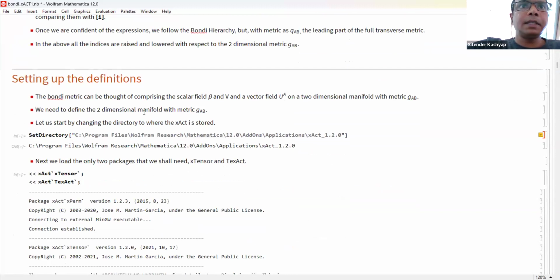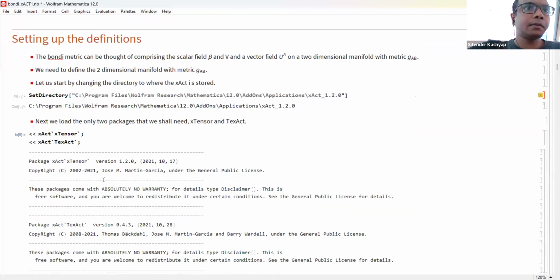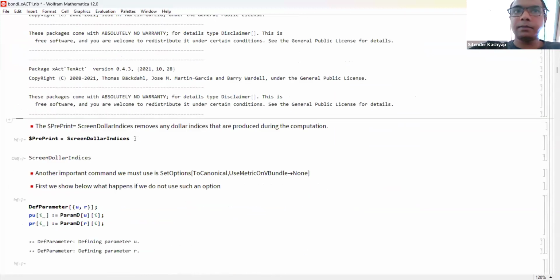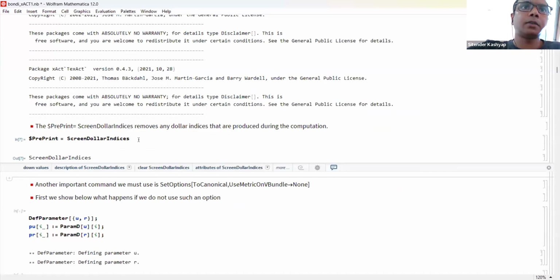So let's call the packages. Now there is this first command, PrePrint screen dollar indices. As we saw yesterday, this is to ensure that when Mathematica or xAct is doing the computations, which involve dummy indices which have dollars, this will remove them when the output is shown to us.